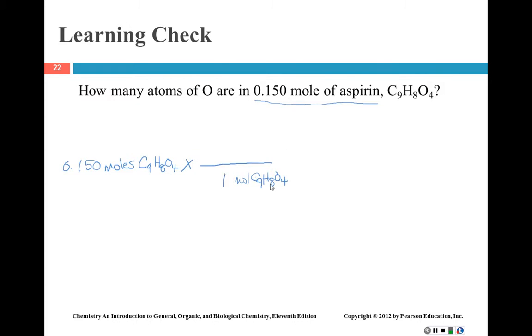Well, for every 1 mole of aspirin, if you recall from that slide before, there are how many oxygen moles? 4. Okay, so for every 1 mole of aspirin, there are 4 moles of oxygen. So 0.150 moles times this conversion allows me to cancel out moles of aspirin, and that's going to leave me with moles of oxygen. And if you multiply 0.15 times 4, that should give you 0.6 moles of oxygen.